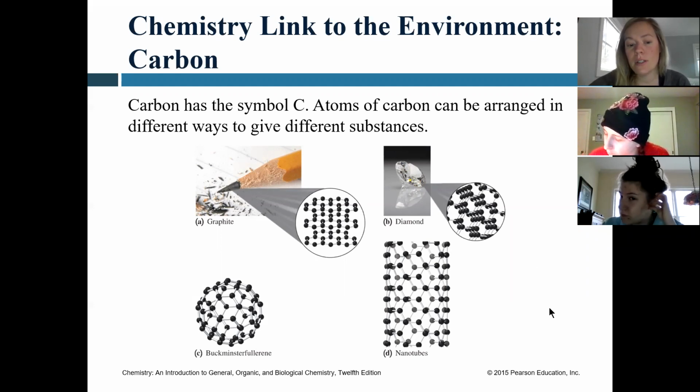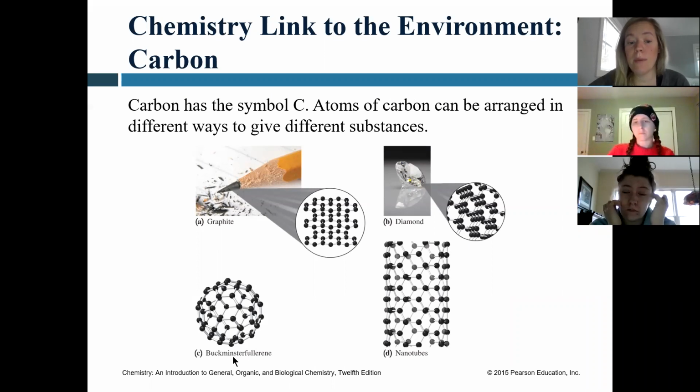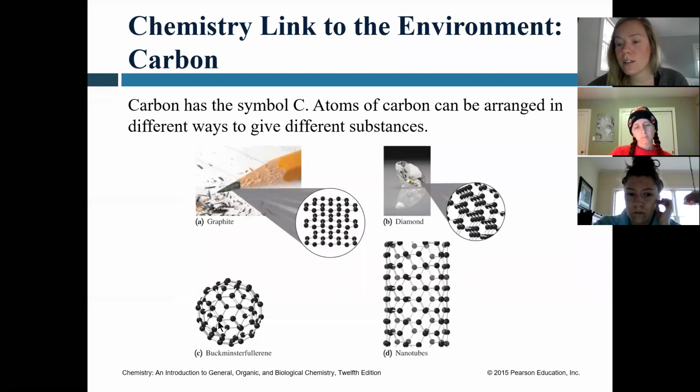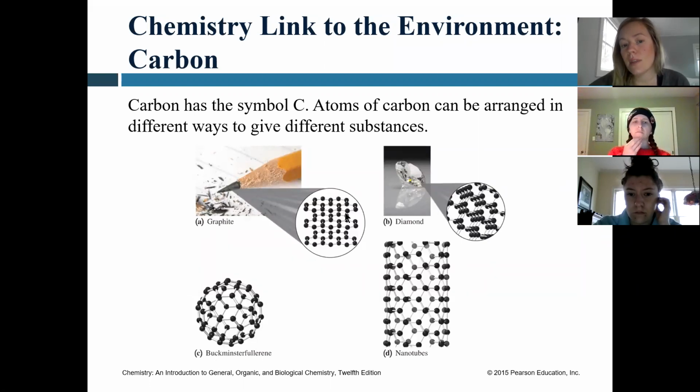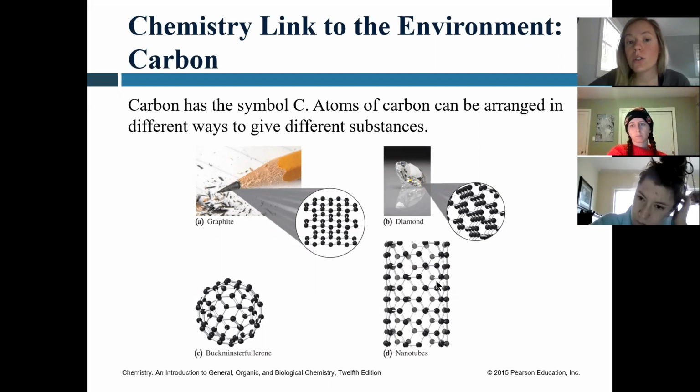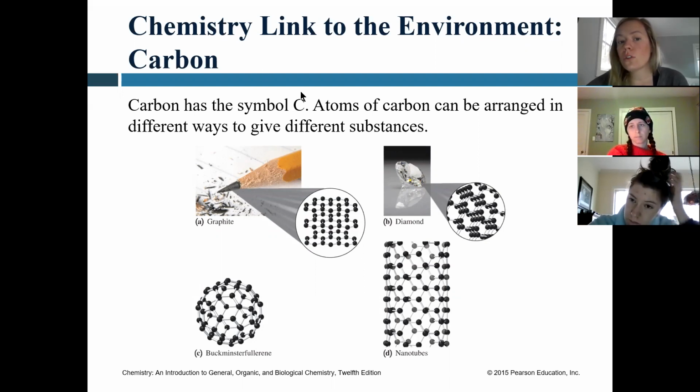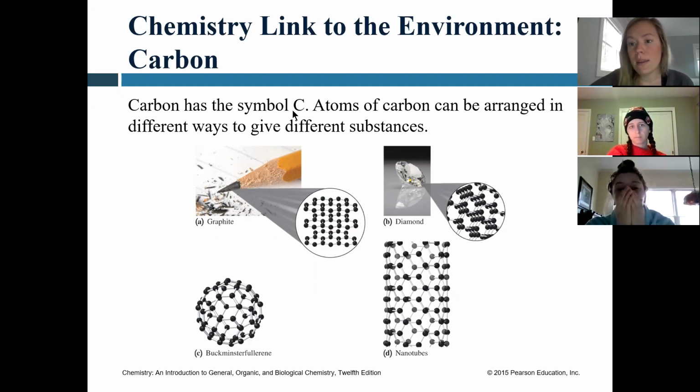It can also be arranged in this spherical shape, which is prominent in nanotechnology. And you could take something like this graphite sheet and fold it in on itself and get a nanotube. So don't just assume if it's carbon that it's one thing. It can be a variety of things.